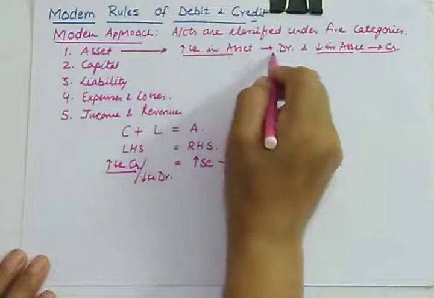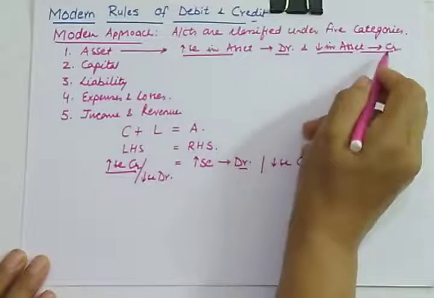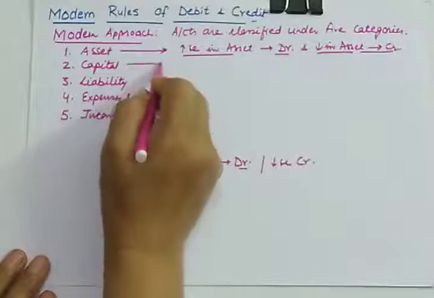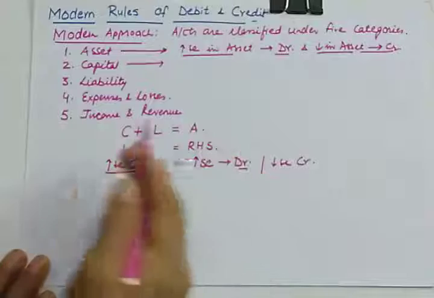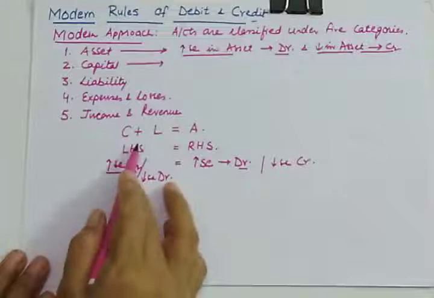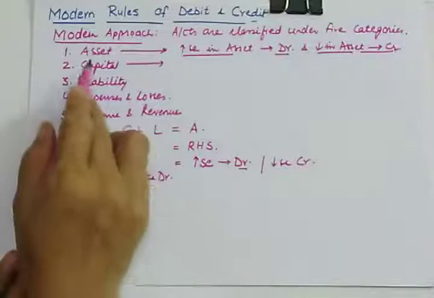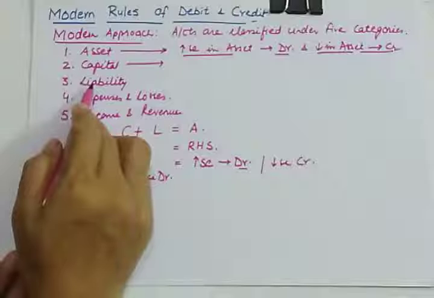Increase in asset, debit; decrease in asset, credit. Now the opposite rule, because capital and liabilities are written on the opposite side, so the opposite rule will be applicable for capital and liability.